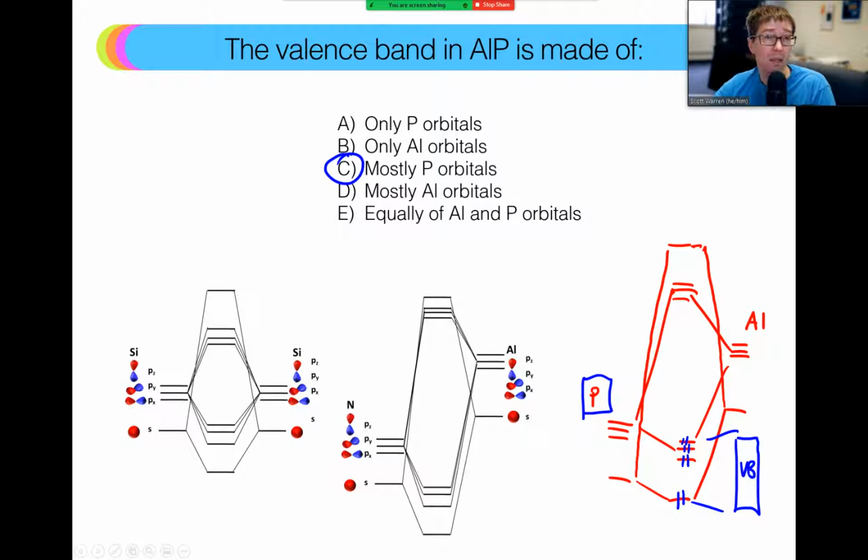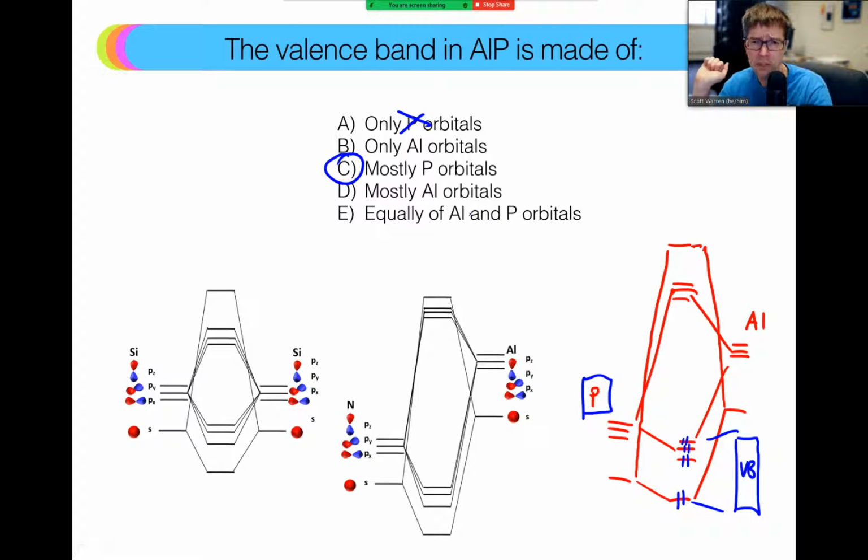It's not made only from phosphorus, because we do know that aluminum and phosphorus orbitals mix together to make those bonding molecular orbitals. So there's some interaction between them, and some contribution from aluminum. It's just smaller than the contribution from phosphorus. So that's why we say it's not only phosphorus orbitals.